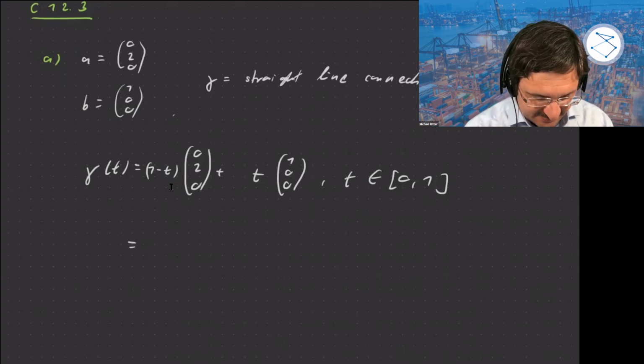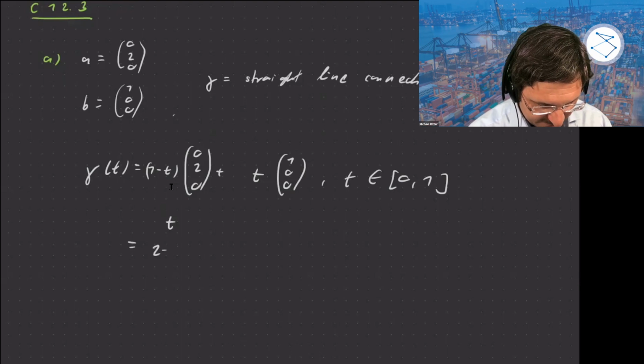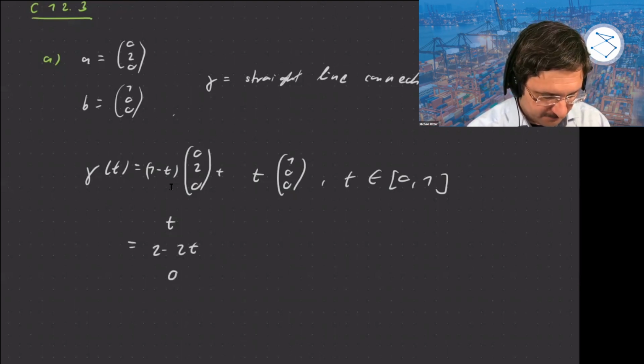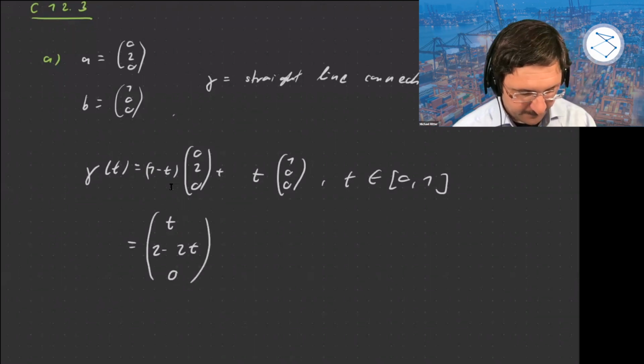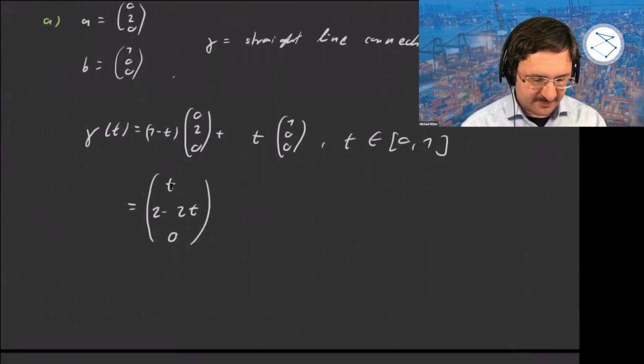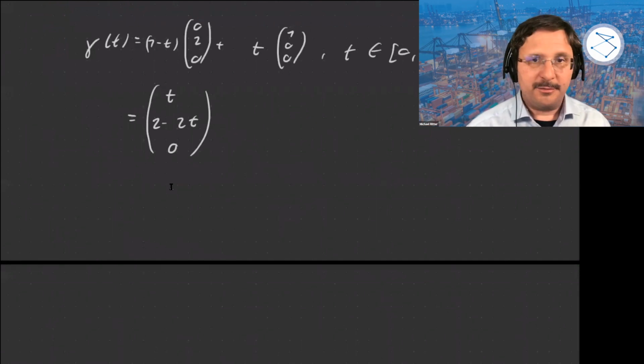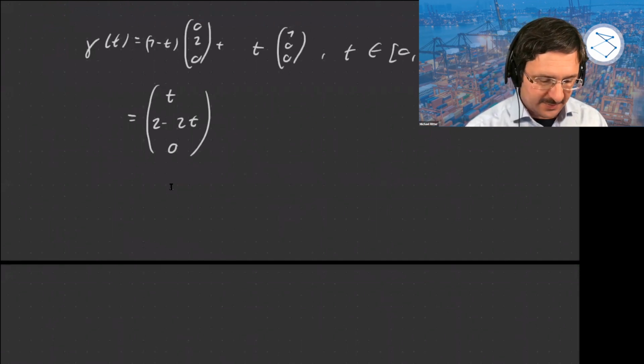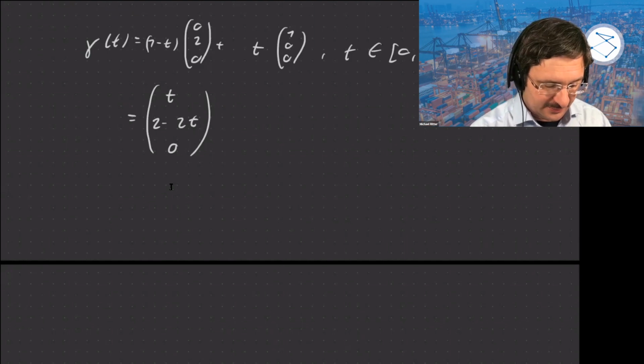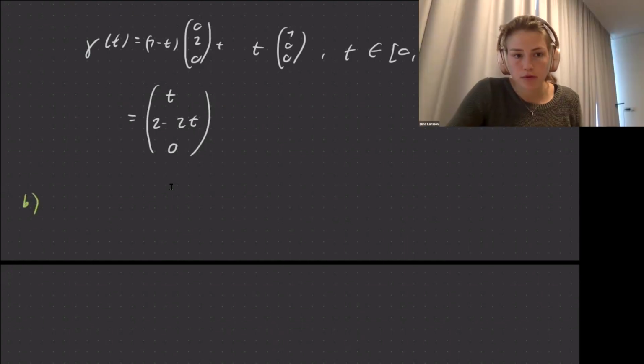So basically that's t, then 2 minus 2t, and 0. Right, so that's the curve gamma that connects A and B. Questions on that one? Nope, nothing so far. Wonderful.